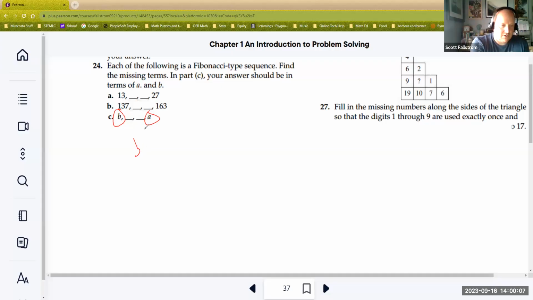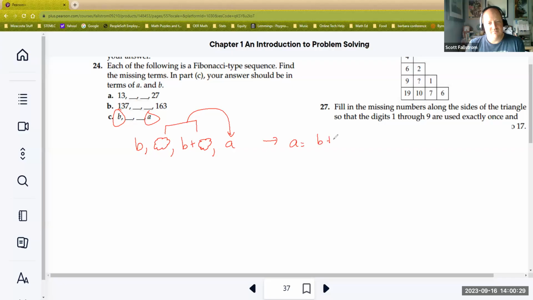There's a B. My next term, I'll just call it cloud again. My next term would be B plus the cloud. My last term is A, but how do I get there? I'd add those two, and that would get me to A. So A is equal to B plus cloud plus cloud.